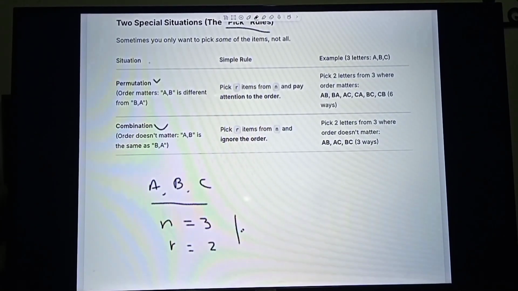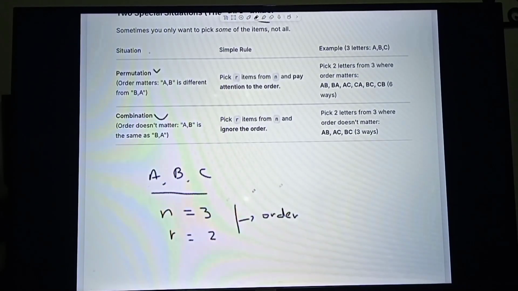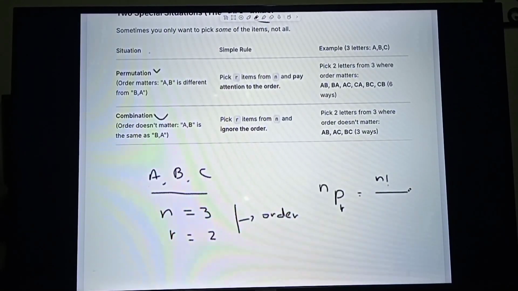And the permutation formula is nPr, which is equal to n factorial divided by n minus r factorial.